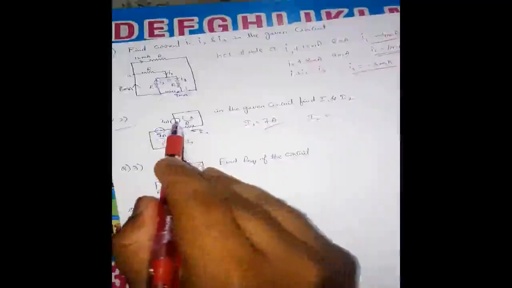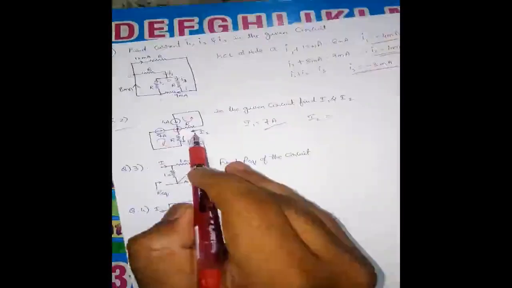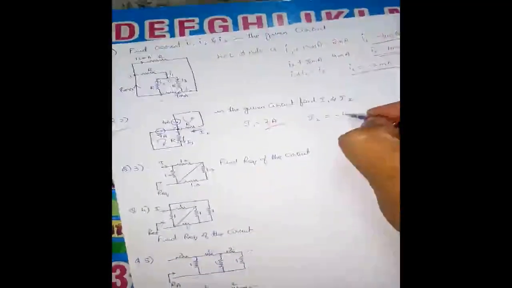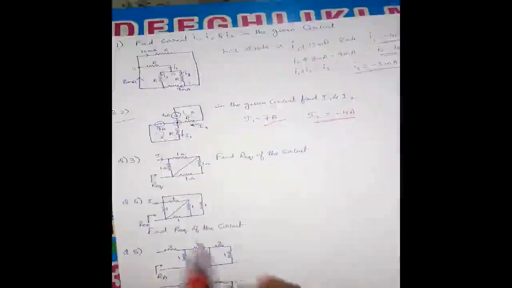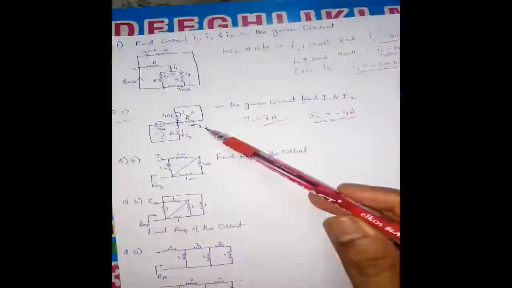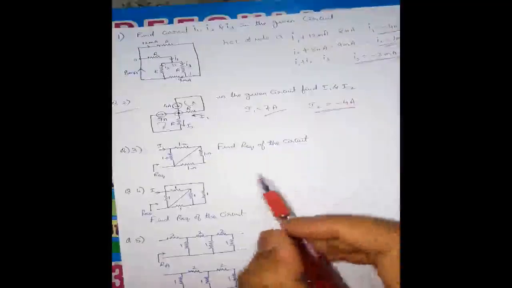Whereas for I2, this current source direction is opposite to the direction of I2, so I can say it is minus 4 amps. It's a simple question, but by looking at it you may get confused, so that's why I included this question in the session.